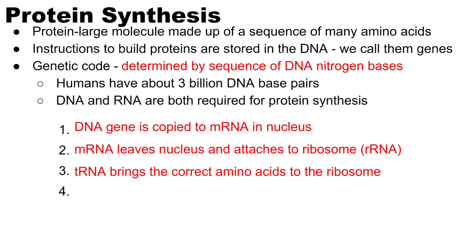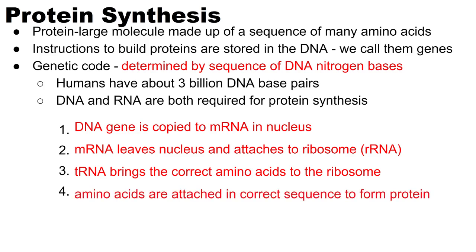Remember, there's 20 different amino acids that could go into this protein. And so transfer RNAs start bringing in the correct amino acid, one after the other. And the ribosome links them together, one after the other, thousands of times to build a protein.